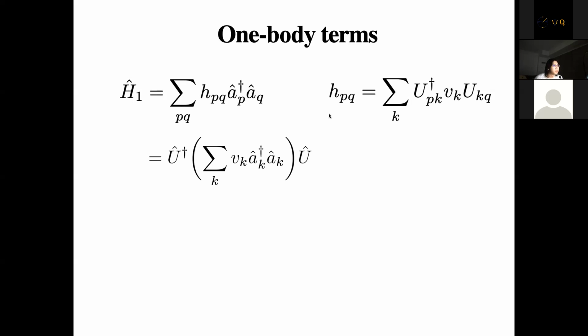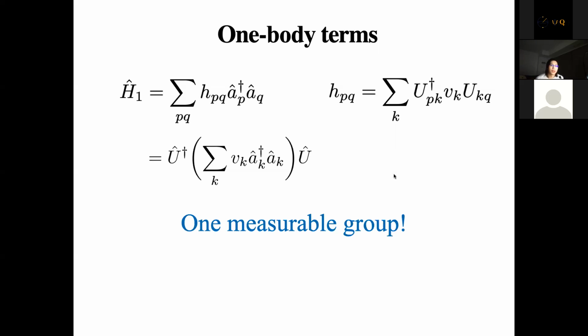Again, this is like having your measurable parts in the middle and the unitaries dressing both sides. So the entire one-body term is measurable at once, because now everything is just A_K dagger A_K after applying a single unitary.